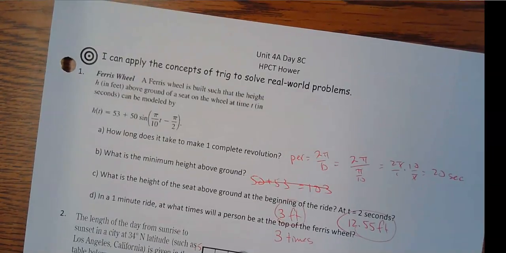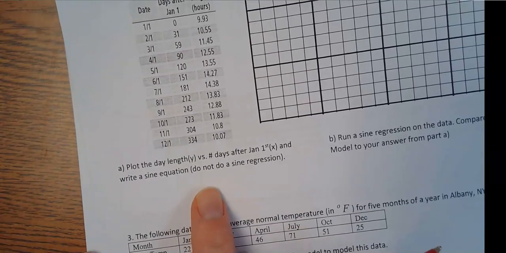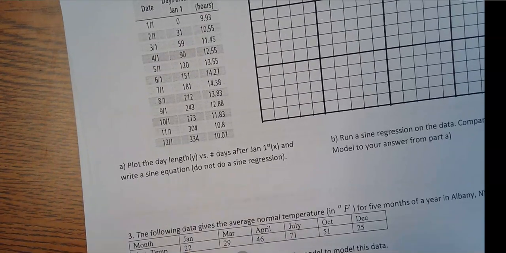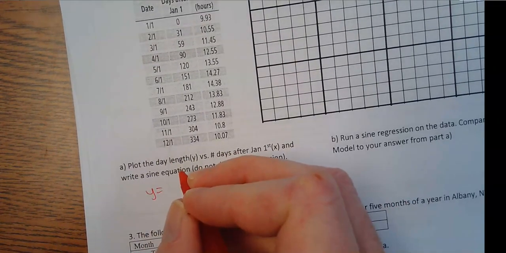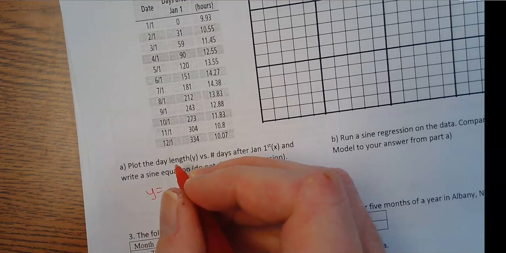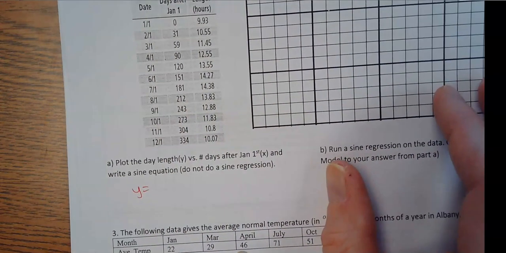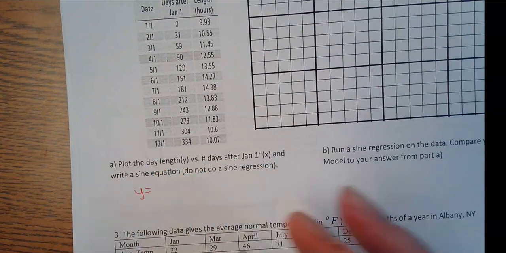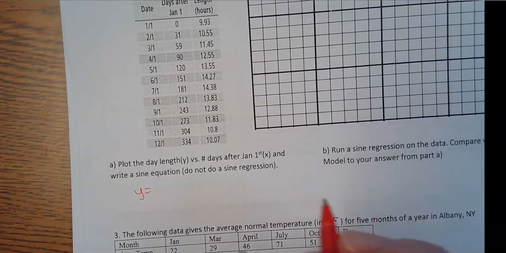So that's what I'm filling in right here. We're supposed to kind of guess what it's supposed to be. I'm not worried about phase shifts right now. We can say we should shift this so many days.